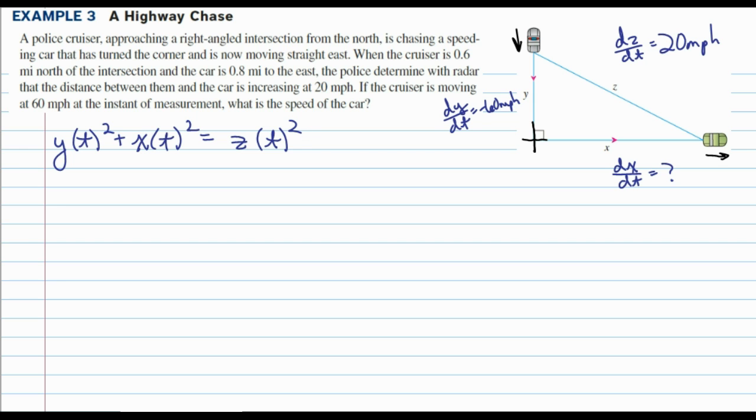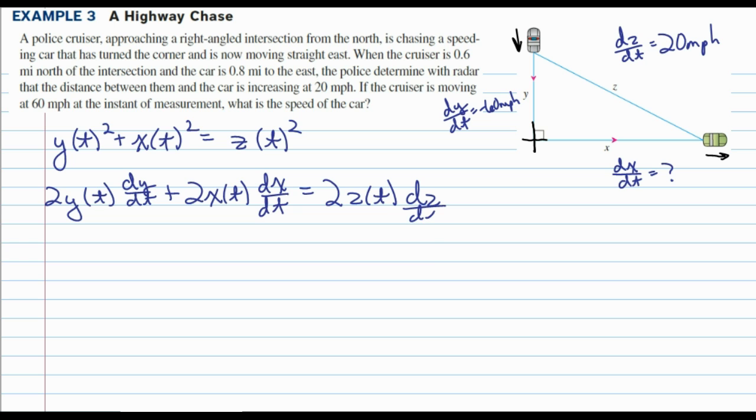Now I'm going to take the derivative, and I get 2y(t) times dy/dt, the rate that y is changing, plus 2x(t) dx/dt equals 2z(t) dz/dt. So now I've got to plug in some numbers.